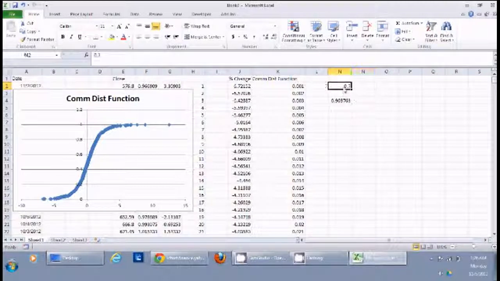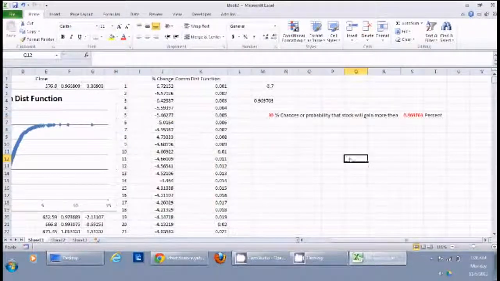So if I put 0.8, I can say that there is a 20% chance that the stock will return more than 1.53% in the coming days. Now I have just rearranged these numbers, and if I say 20 here, then that is the probability that the stock will gain more than 1.53% on the next day.